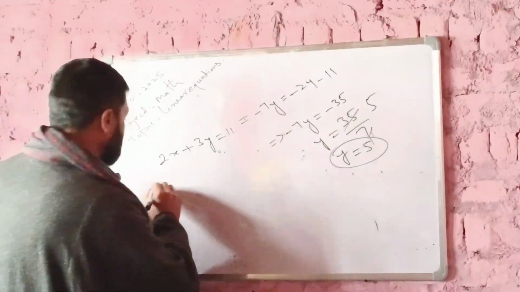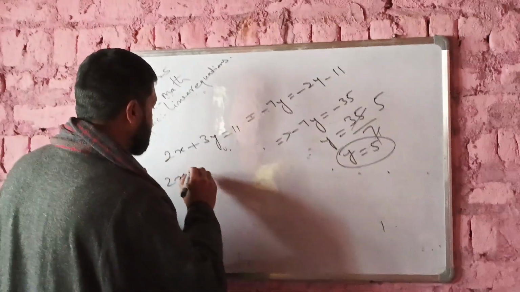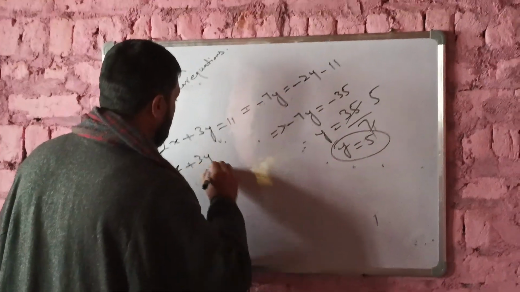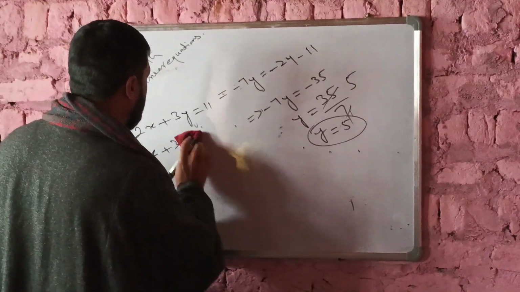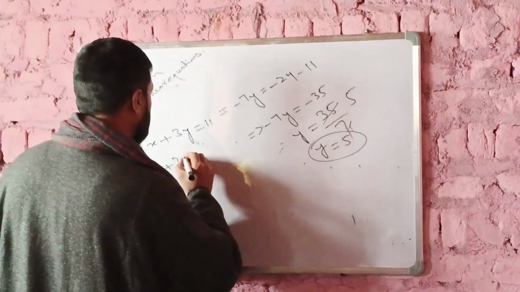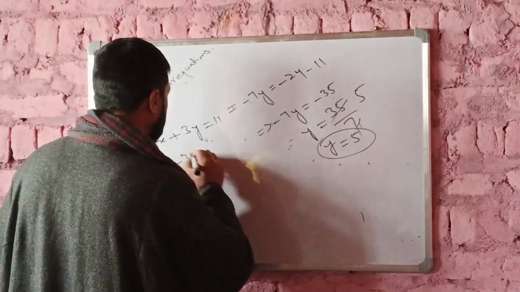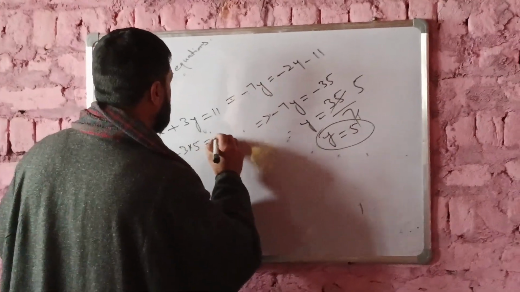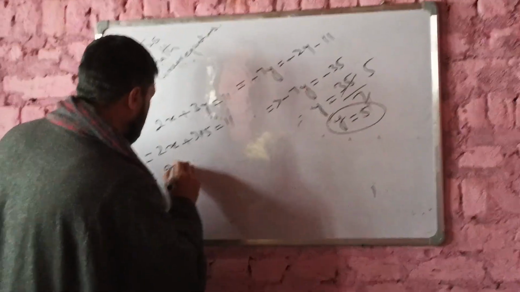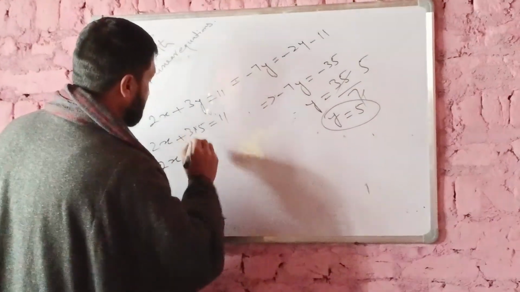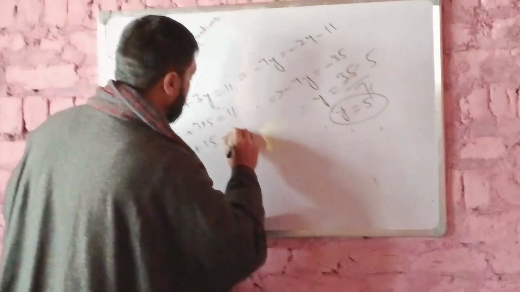So it becomes 2x plus 3y. Instead of y, we need to write down the value of y. What is that? It is 5. Which gives 2x plus 3 fives are 15 is equal to 11.